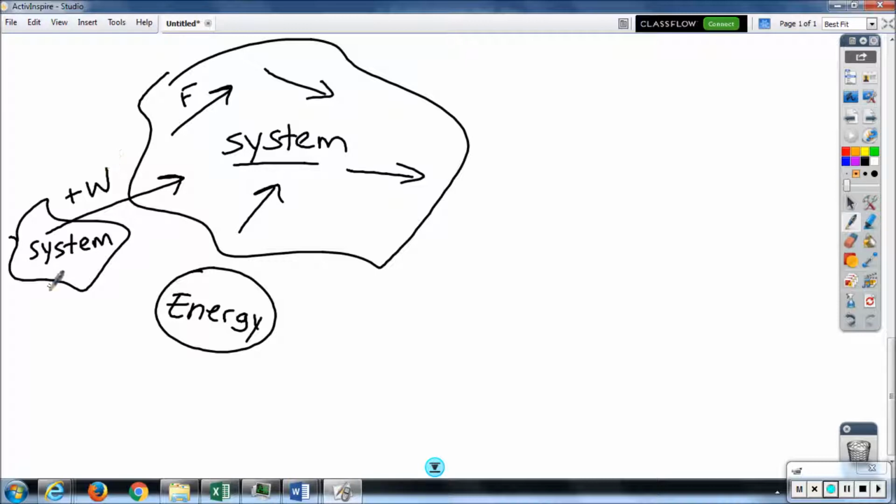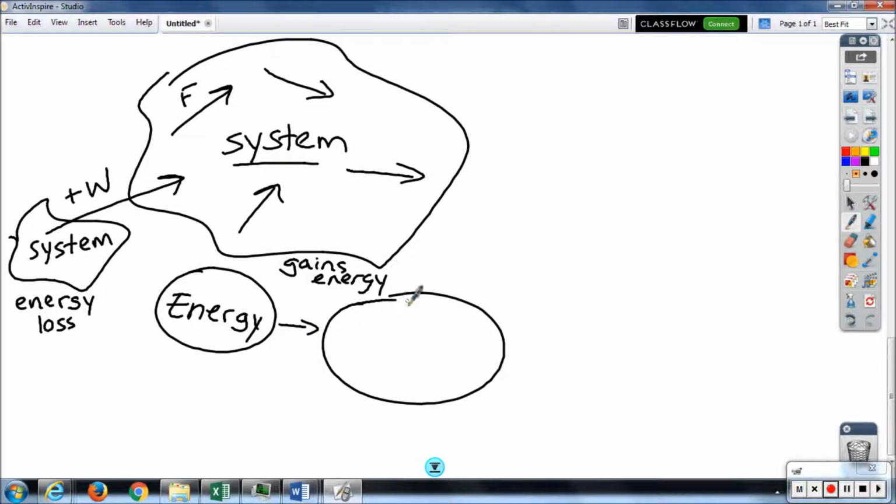So this system loses energy, and this system gains energy. And so the way we would represent that is our pie gets a little bigger.